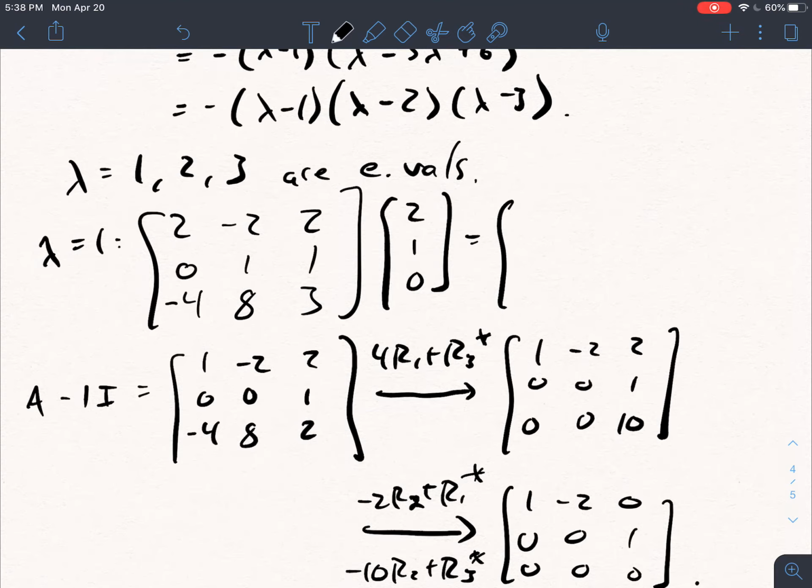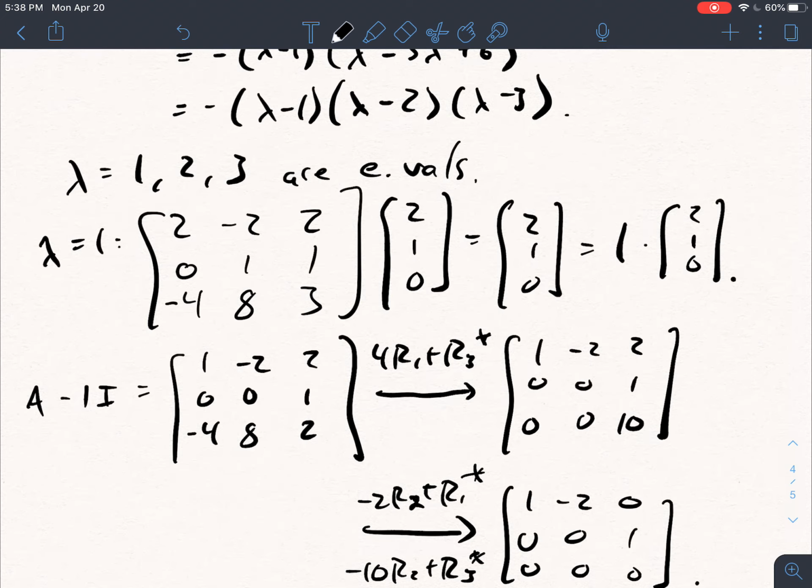And if I wanted to multiply A times 2, 1, 0, hopefully I get lambda times 2, 1, 0. So, all right, 4 minus 2 plus 0, so that's 2. 0 plus 1 plus 0. -8 plus 8 plus 0.